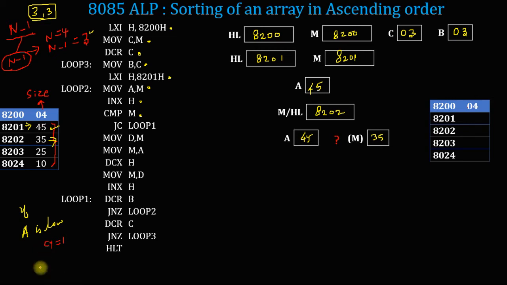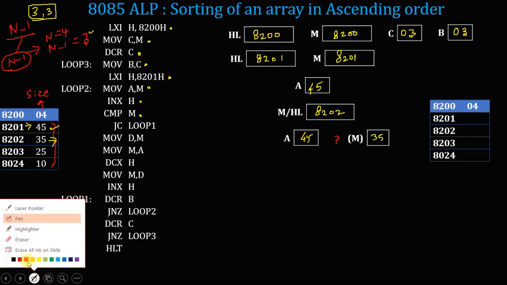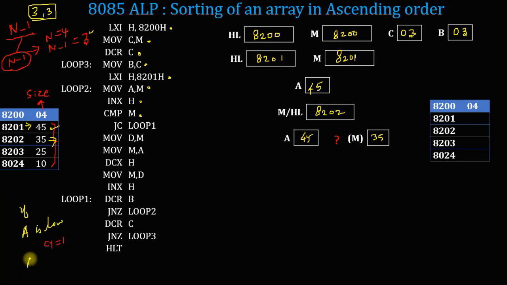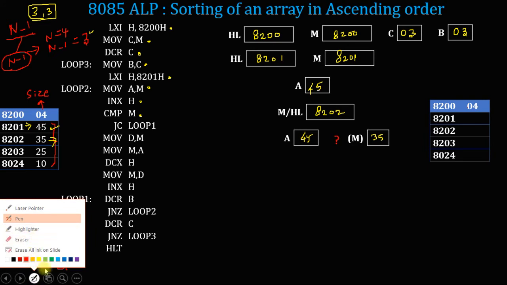Else, if A is high, then CY will be reset. This is a simple technique. With the help of this logic only, we are going to decide whether the swapping operation has to be done or not. So this is a very simple operation.